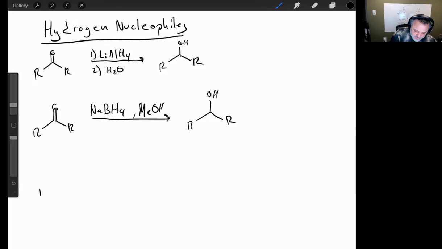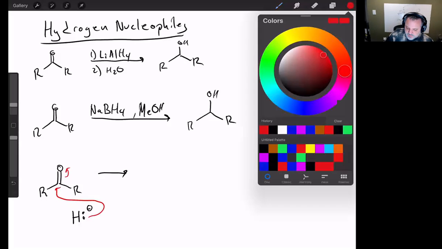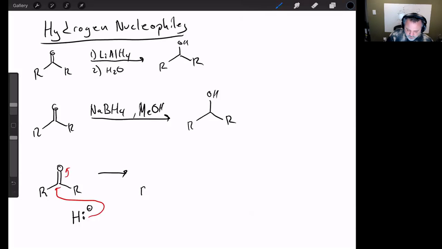If I take a carbonyl group and I'm reacting either sodium borohydride or lithium aluminum hydride, in either case, they are hydride delivery agents. And hydride is H minus. And so the hydride attacks the carbonyl carbon in the way that you've seen before.